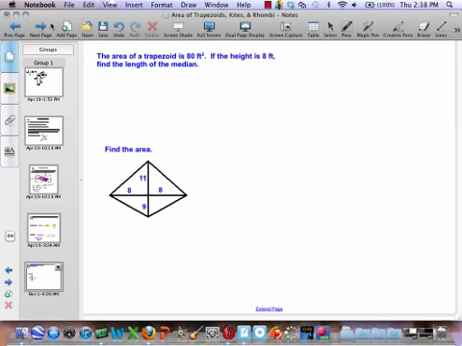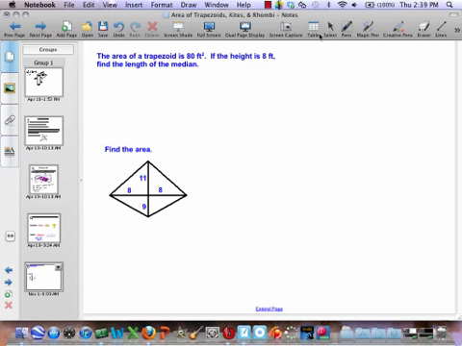Alright, so here we go. Speaking of such, the area of a trapezoid is 80 square feet. The height is 8 feet. What's the length of its median? Well, okay, how do you find the area of a trapezoid?